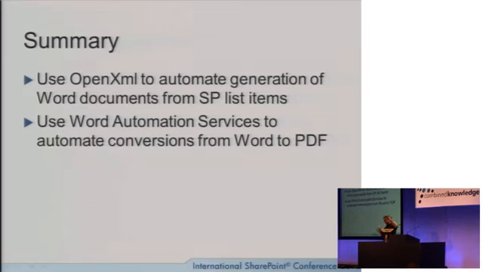So thinking through not just at the start of its life how it gets created and then moved into a records repository, but then what happens when you want to dispose of that. In many jurisdictions, you need to generate certificates of destruction. And so, as part of the workflow that deletes the source document, you generate a Word document that's a certificate of destruction, and then you convert that into a PDF.